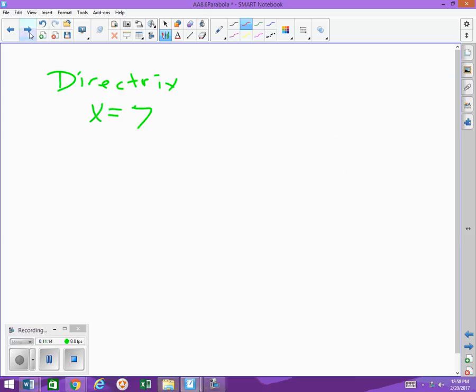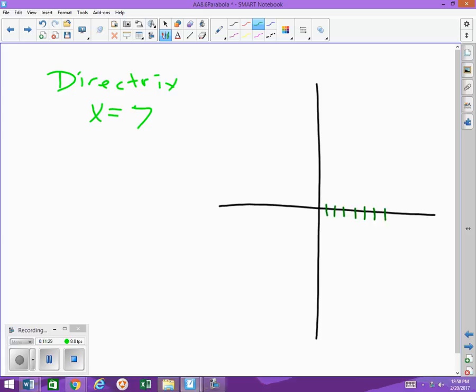Here we have one that says the directrix is x equals 7. Write the equation for this. Well, so let's see this. The directrix is x equals 7. That means we have our line going like so.